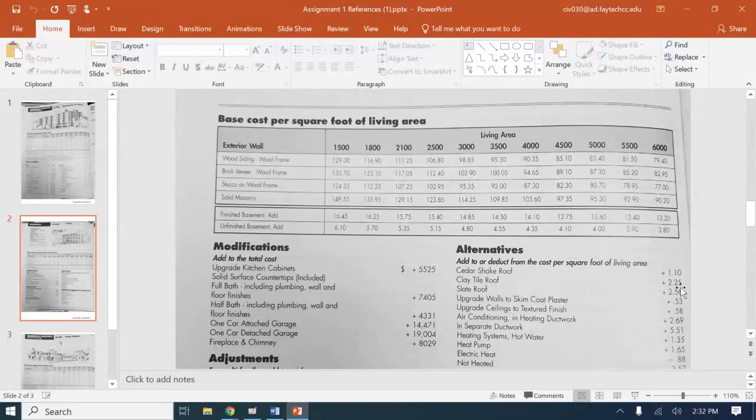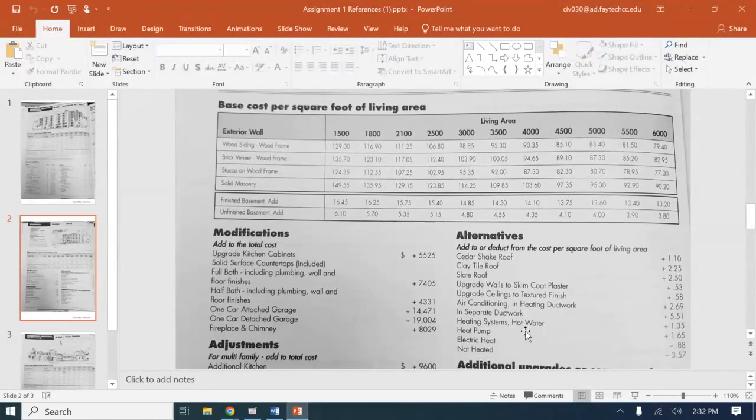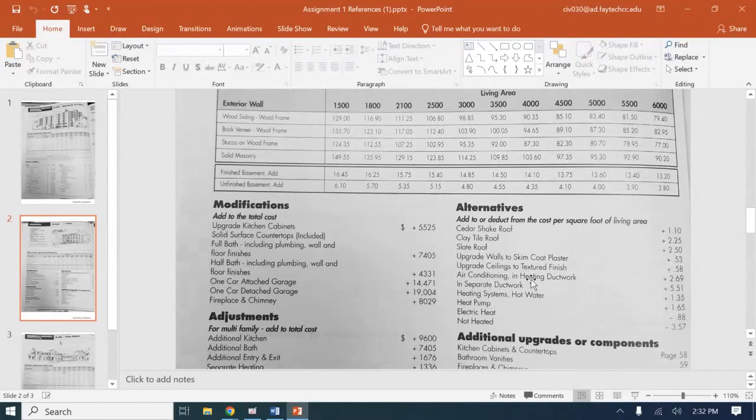And then to do the central heat and air in separate ducts, you're going to add in $5.51 to your base cost. So once you get all those, you want to add $5.51, your $2.25, and what you interpolated to get your base cost.